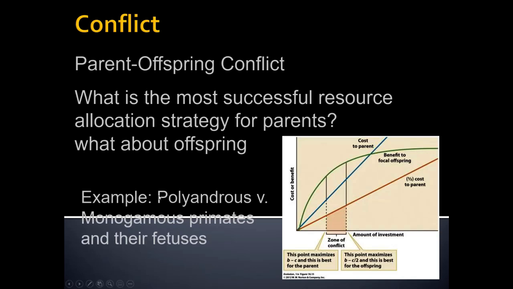Whereas if you're in a polyandrous mating system, which happens sometimes, but it's rare among primates, but there are some primate species that are like that, a single female will have more than one mate. So she'll have 2 or 3 or 4 mates that are all helping protect her, maybe providing food. And so she has more resources and can put more resources into her offspring. And so in primates that have evolved a polyandrous mating system, on average, their babies, the fetus as it's growing in the mother, is larger.